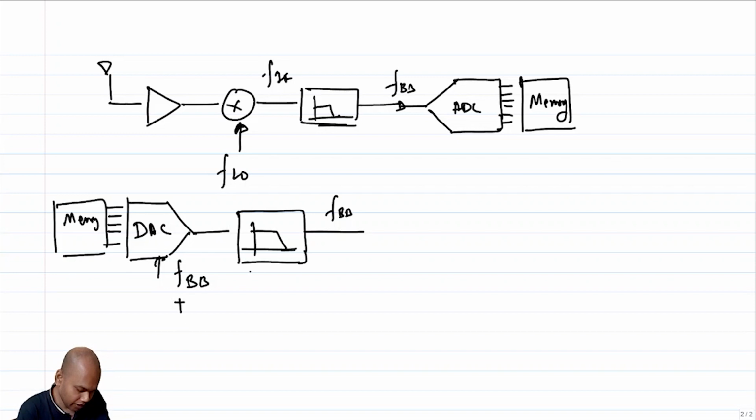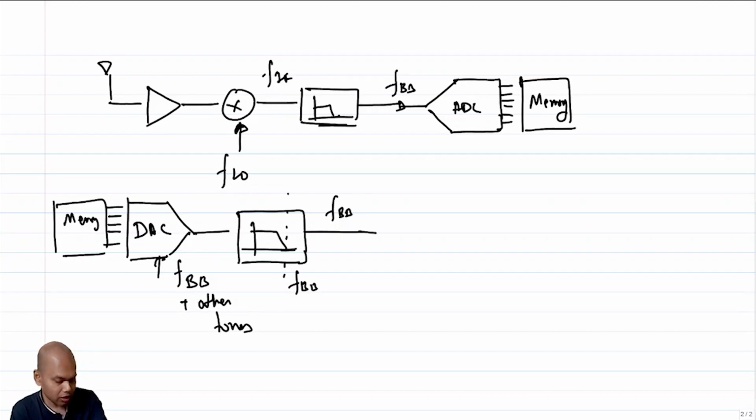Here you get FBB, clocked at FBB, and harmonics of FBB. I'm not writing that, but plus other tones. Here you put a bandwidth of FBB, and at the output you get only the baseband signal.